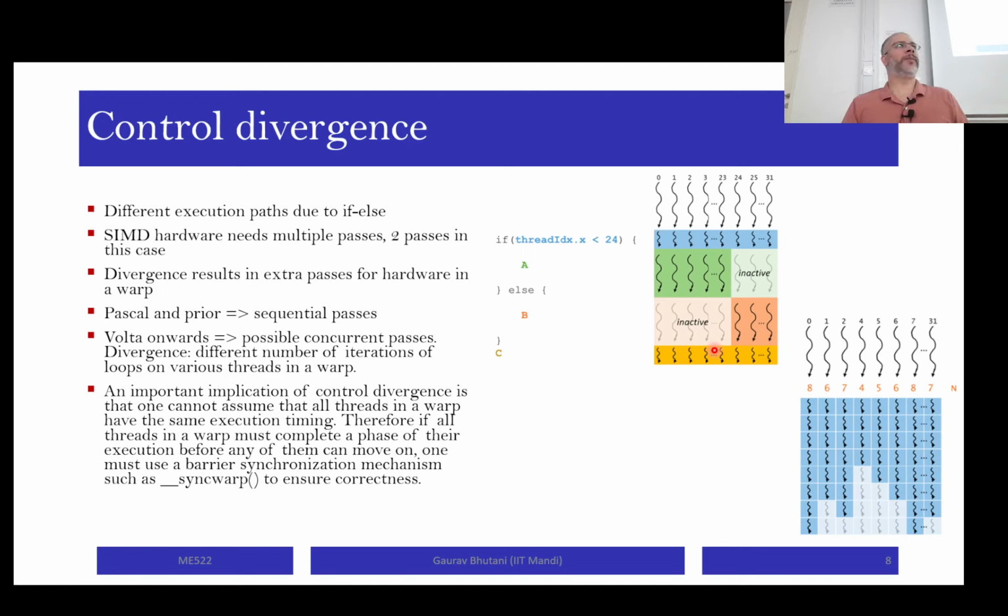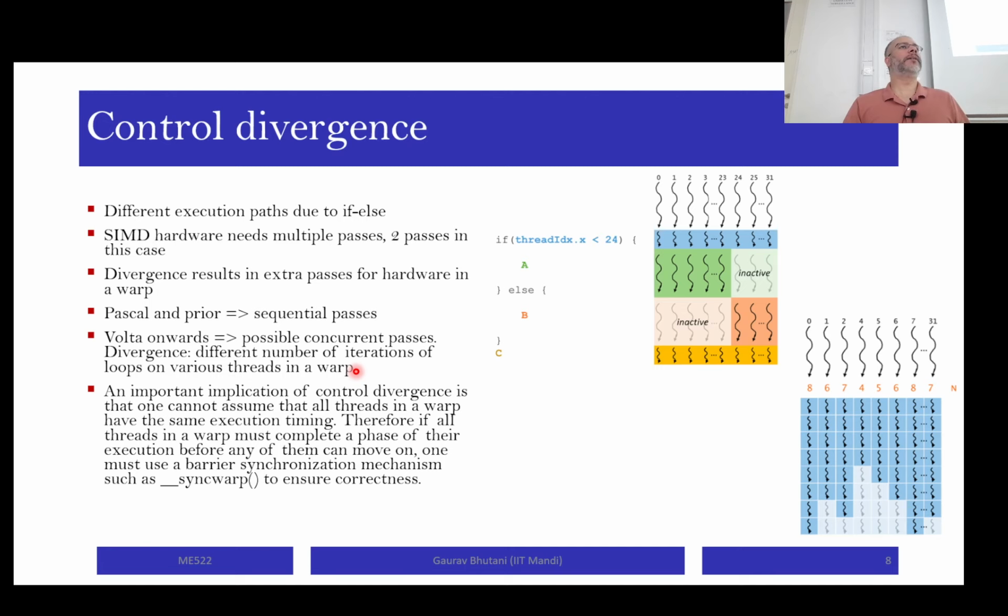Earlier this is what used to happen, but in the recent architectures it is possible, again depending on the compiler, that in some situations the different passes can happen concurrently. So the compiler decides that the first 24 threads, 0 to 23, have to execute some logic, and the remaining 8 have to execute the other logic, which is a different instruction, and it handles that.